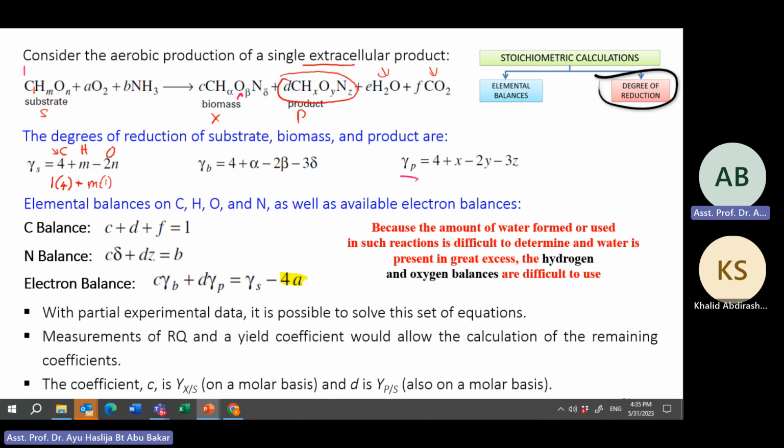The valence of electron for hydrogen is 1. Then minus, here -2 is the valence electron for oxygen, so n multiplied by -2. Okay, that's how we get this equation. That is the degree of reduction for substrate.